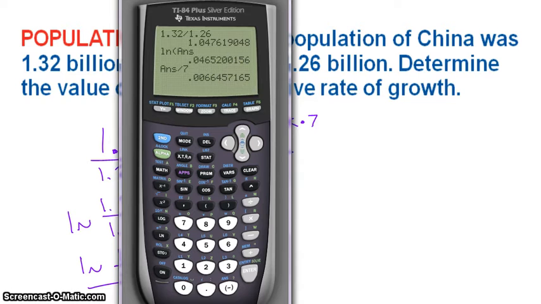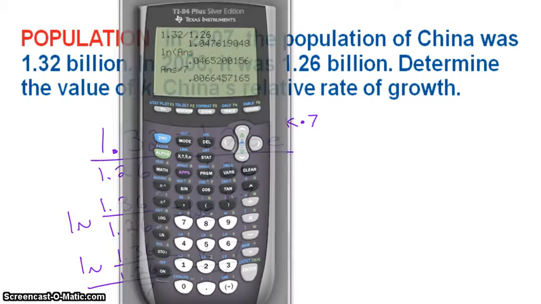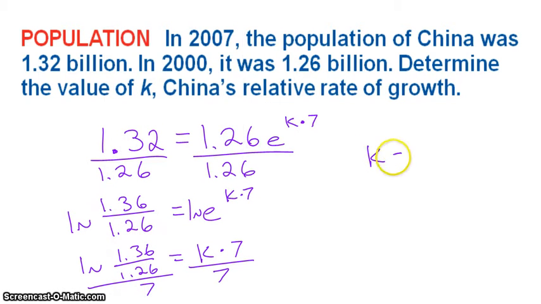We'll make it 0.0066 for short. Since that's a decimal, if we want to kind of make sense of that, that's going to be about 0.66%, if we wanted to think about it that way. But that is the k that we would plug into our equation if we were going to be solving for anything else.